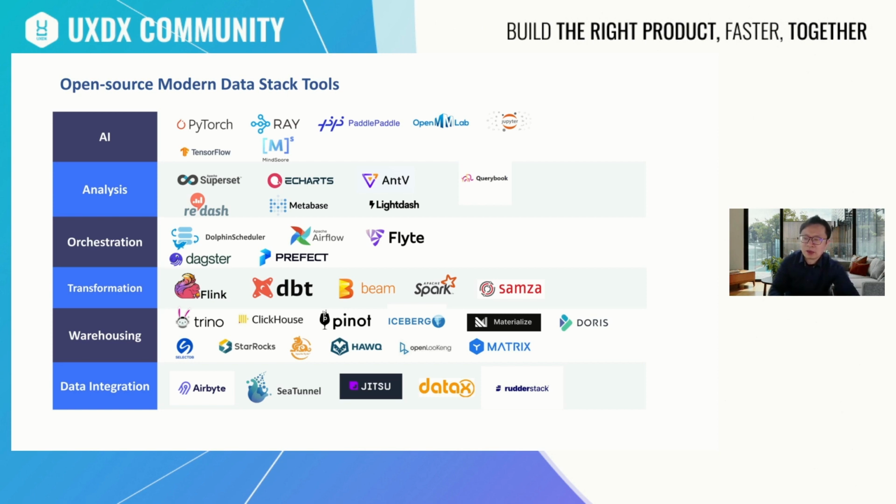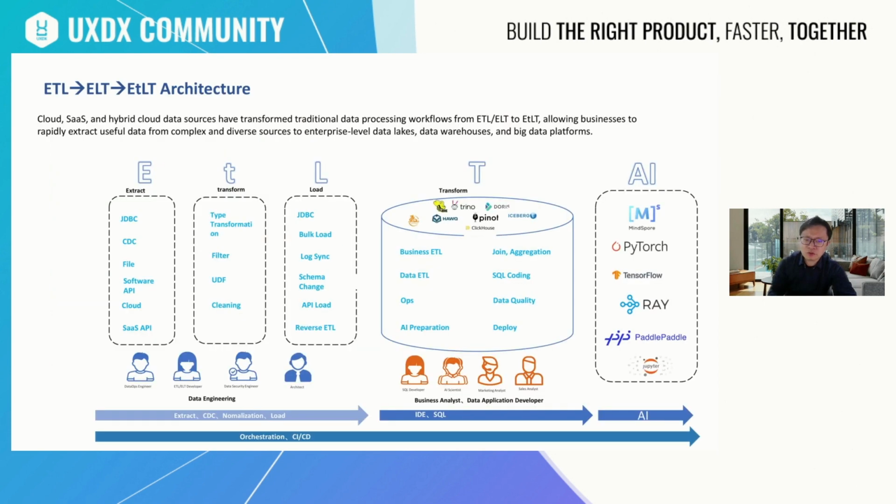And today I want to introduce some basic ideas of how to use these modern data stack tools to build your own data analysis. We call it the ETLT architecture. You know, perhaps you have a lot of data, but your data is stored, for example, in SaaS or in your spreadsheet or in your cloud database.